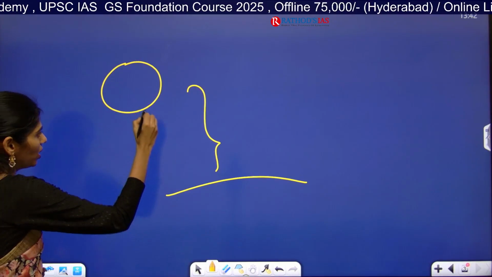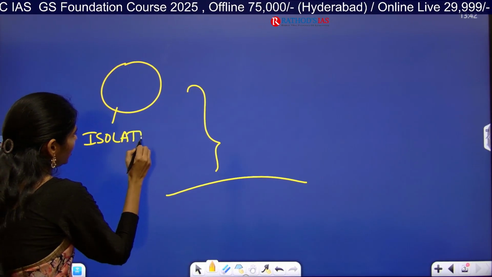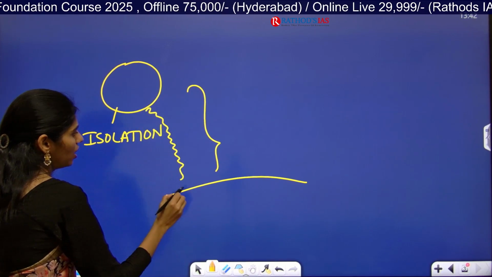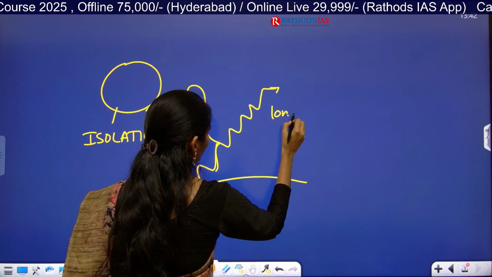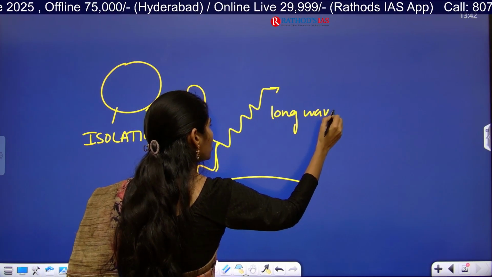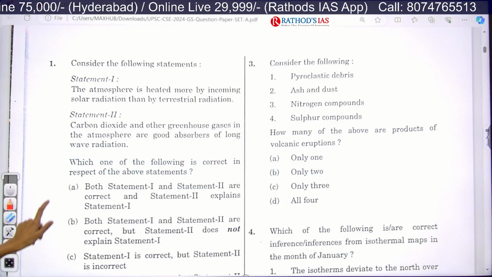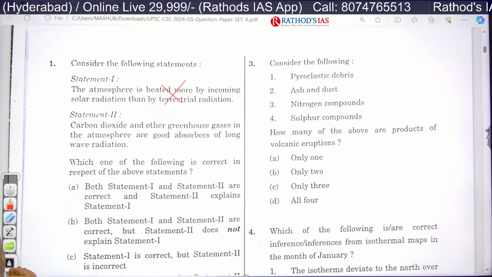We receive insolation, that is incoming solar radiation, in short waves. But we radiate or reflect back in the form of long wave radiation. This long wave radiation is responsible for more heat. So this statement is directly incorrect.